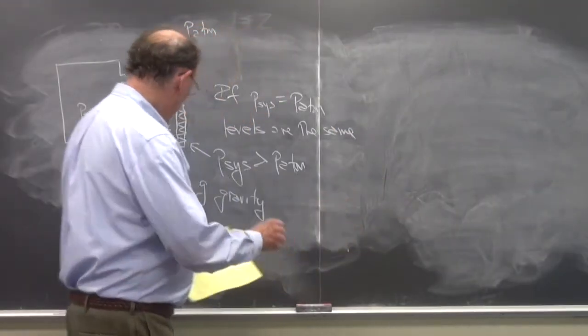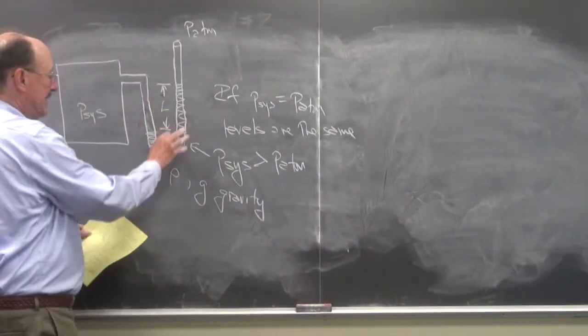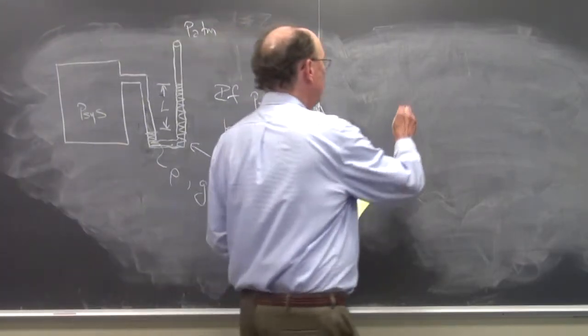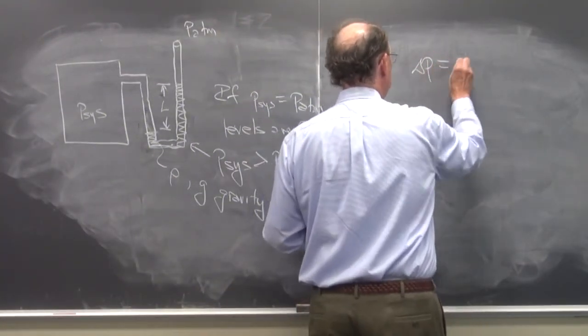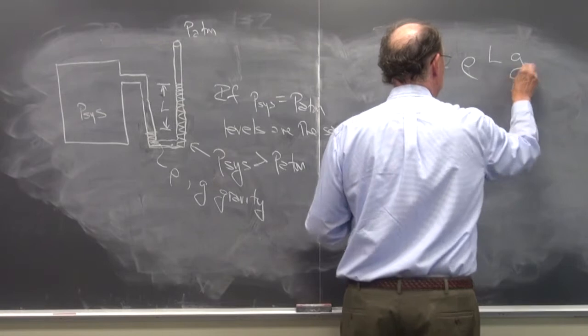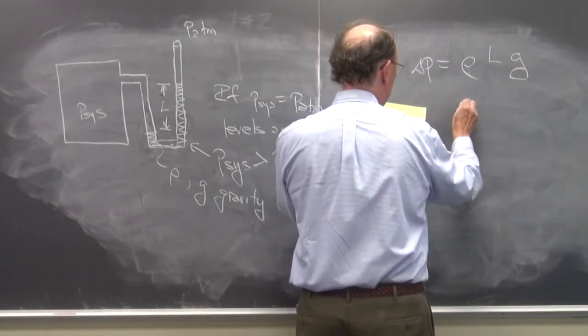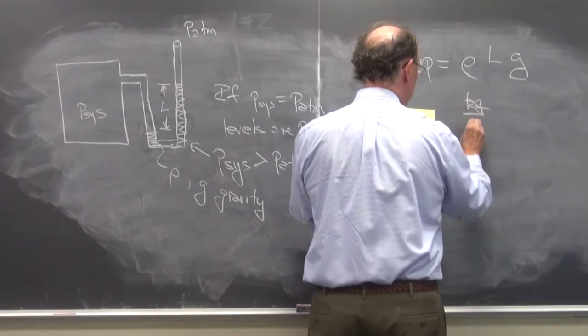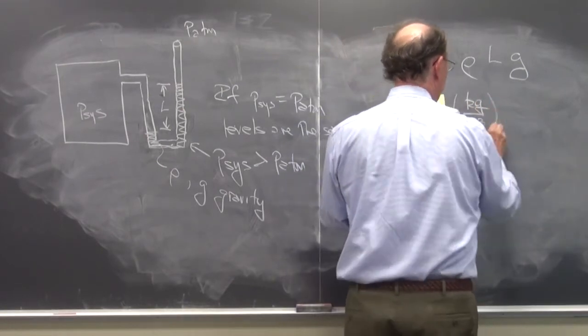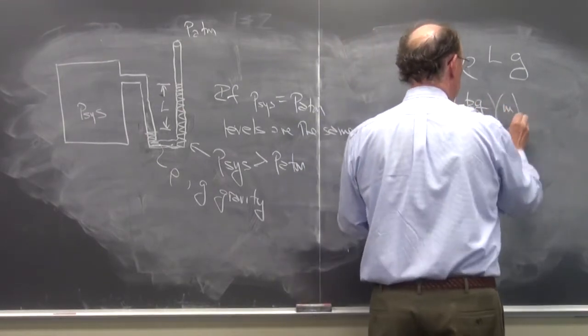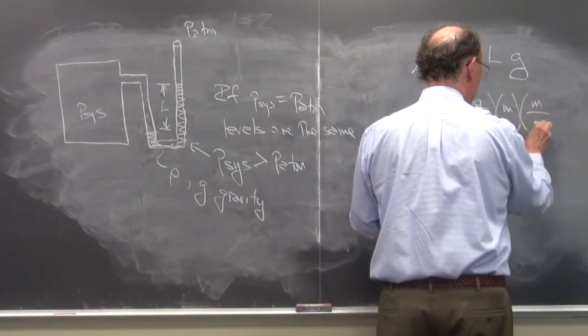Let's look at what we want. I wanted to be able to relate this L and G. And so we have delta P is equal to rho LG. And so rho is kilograms per cubic meter. L is in meters. G is in meters per second squared.